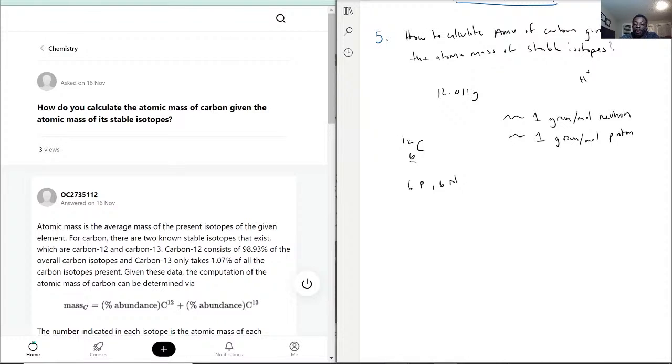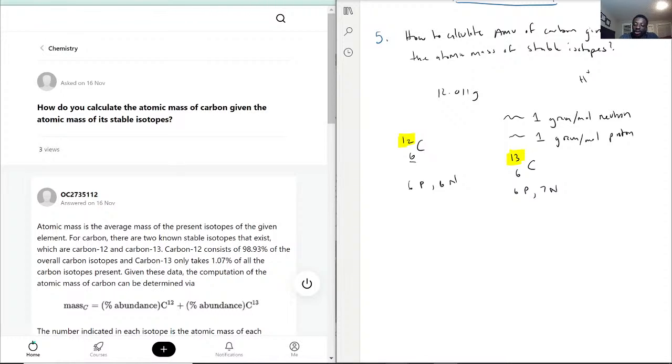But there are also carbons in nature that are carbon-13. Still carbon, right? But now it has 6 protons and 7 neutrons, and this 13, relative to that 12, means this carbon weighs around 13 grams.